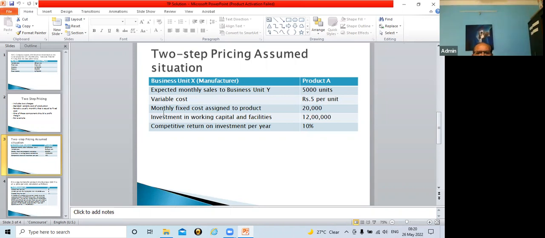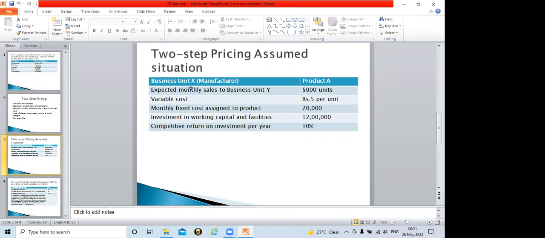Now the third line. This unit X has incurred monthly fixed cost of ₹20,000. And this ₹20,000 is for how many units? 5,000 units. Yes, correct.